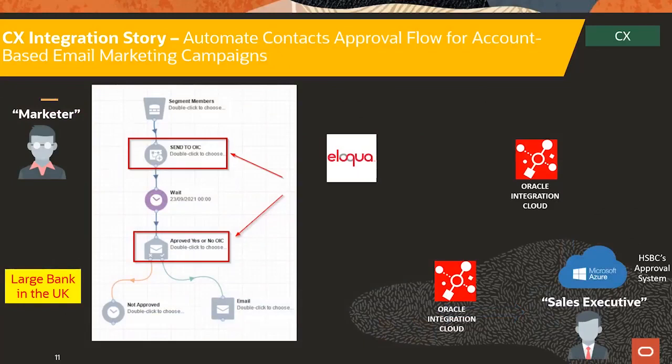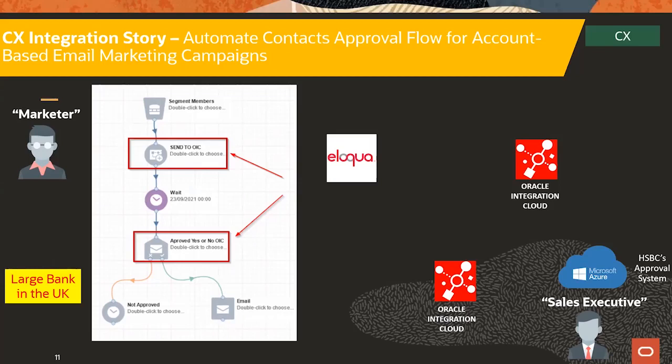And we also have in this large bank in the UK another ongoing story where they have account-based marketing campaigns. So they want to automate the contacts approval flow and decide which contacts should receive an email or not. And they wanted to have this contact approval system in Azure.